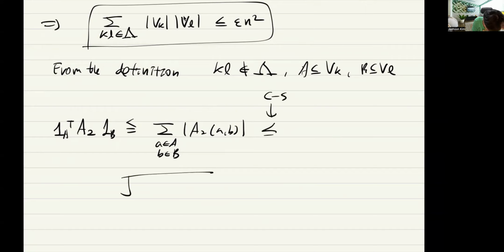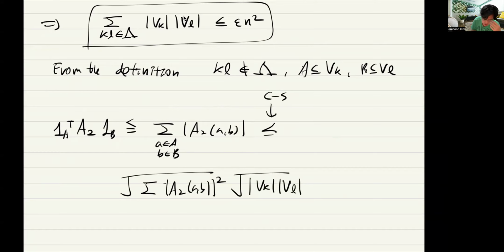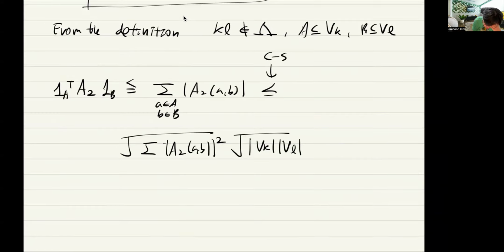That's the square root of the sum of the squares, and you sum the ones, square root of the one, so the number of terms is here, and you get this.